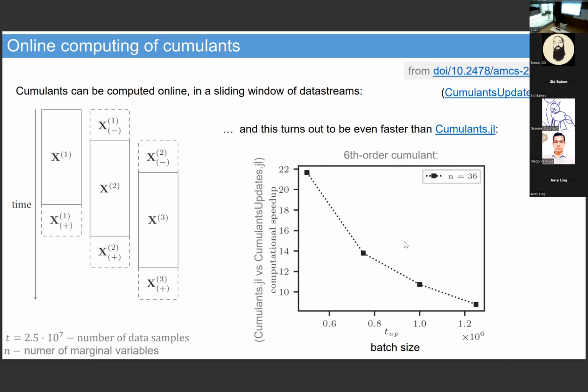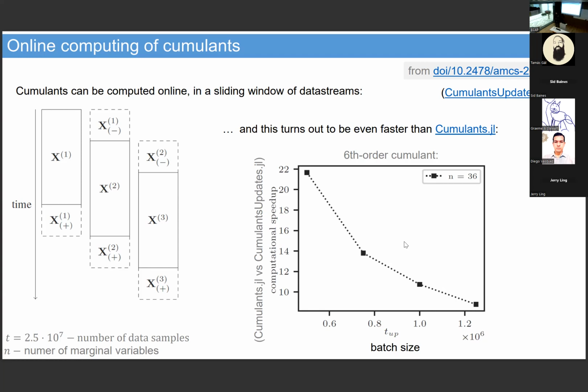This is handled by CumulantsUpdates.jl, and this provides you further speedup, as you can see. This is with respect to the standard Cumulants.jl without slicing the data. And on the x-axis this time it's a function of the batch size. So the smaller chunks you get, you can get speedups up to a factor of 20.